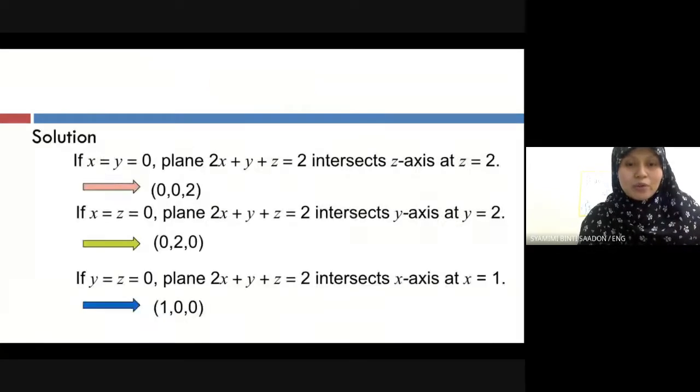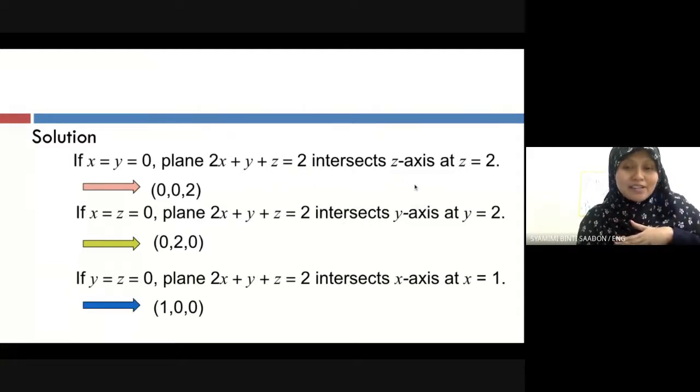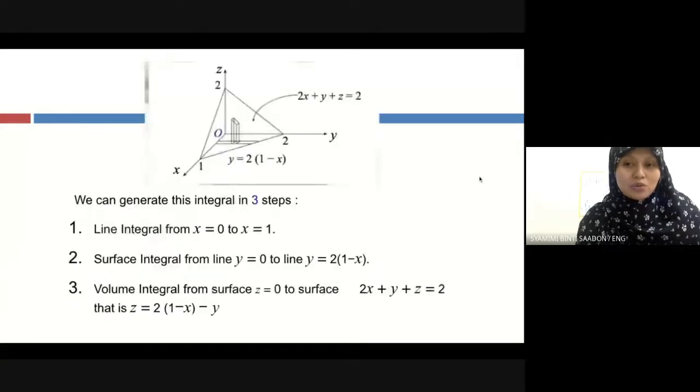So how do we determine the boundary? First we use the plane 2x + y + z that we have. We have to define where the plane intersects with the z axis, y axis, and x axis. So we get x equals 1, y equals 2, and z equals 2.